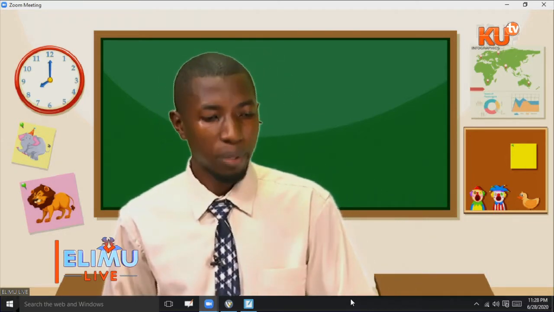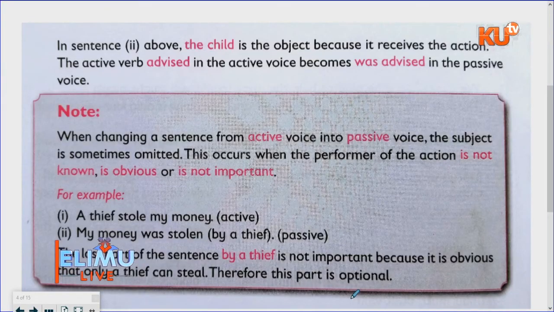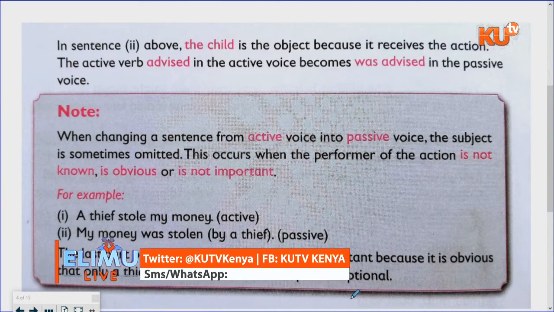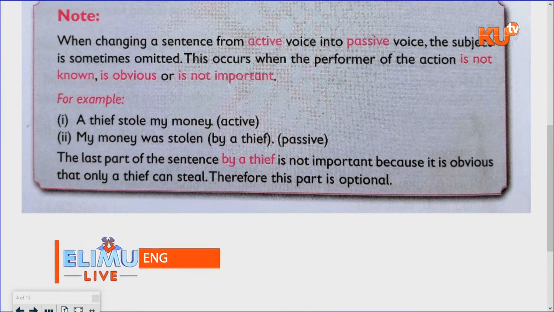An example, let me give you an example. A thief stole my money. That is in active voice. My money was stolen. Then you omit the subject, which is by a thief, in passive voice. Why are you omitting by a thief?